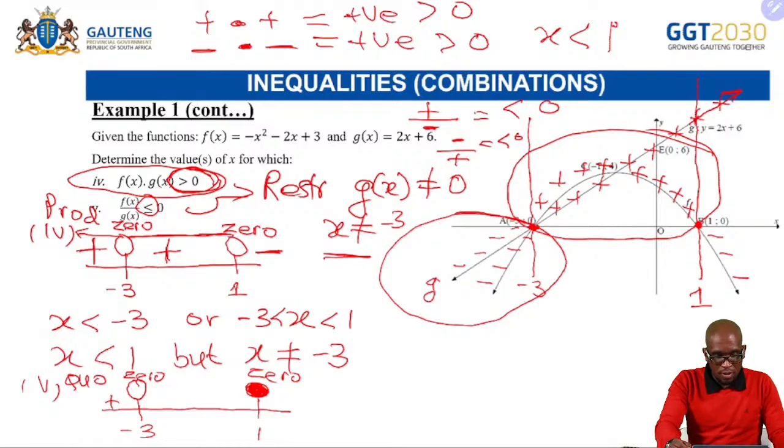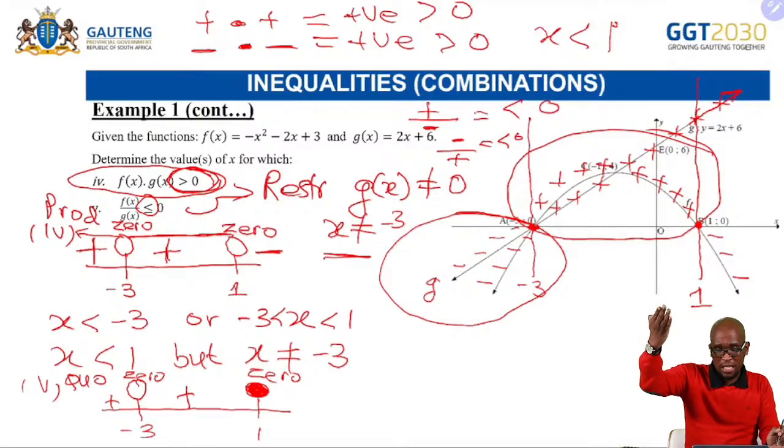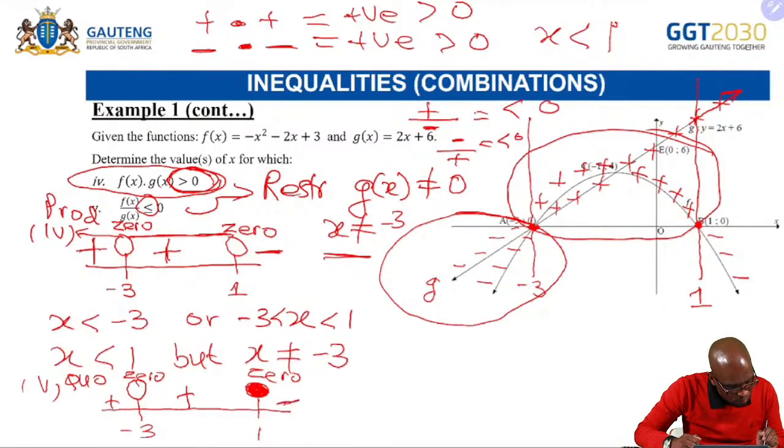Between -3 and 1, both graphs are positive, and the combined effect would be positive. And then for values from 1 to positive infinity, the straight line is above the x-axis, but the parabola is below, so this would be negative.